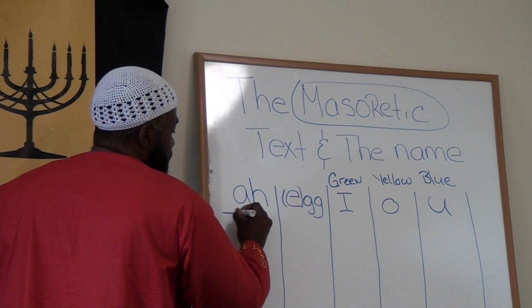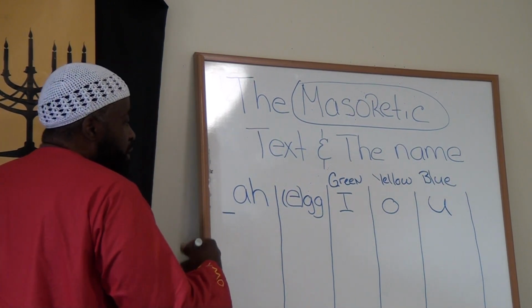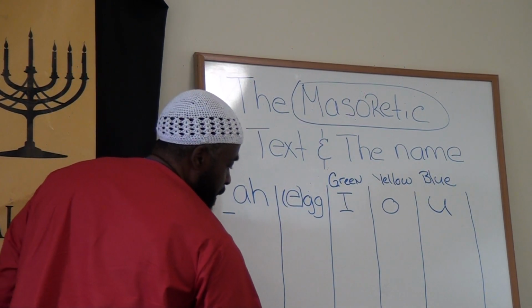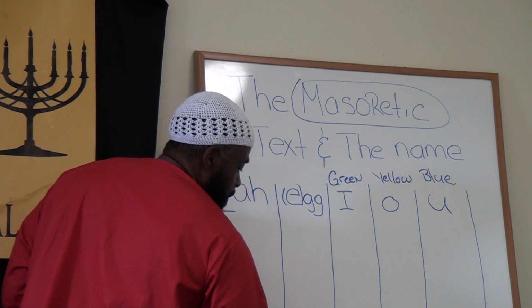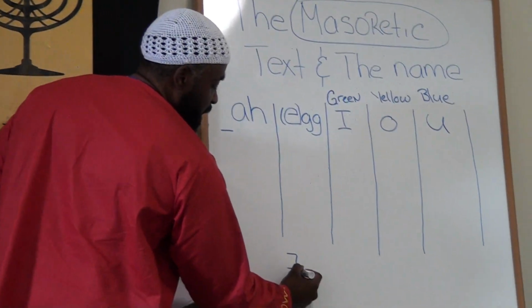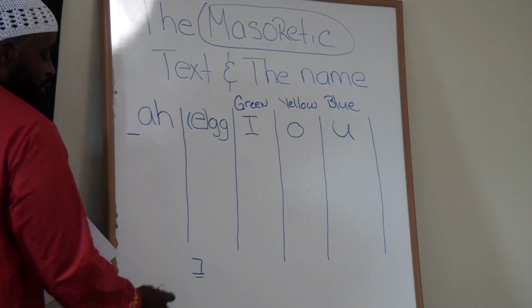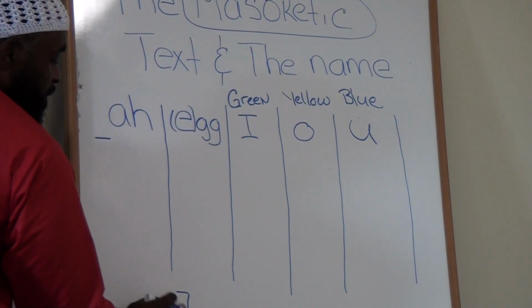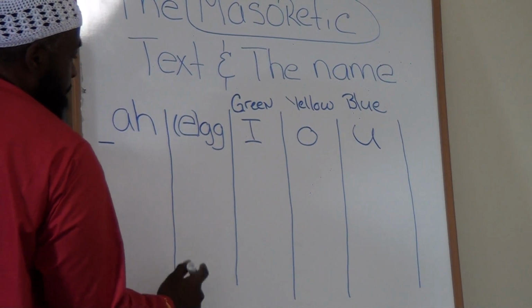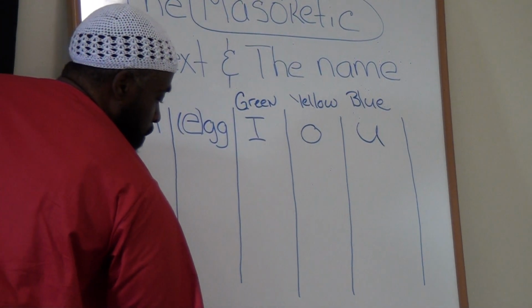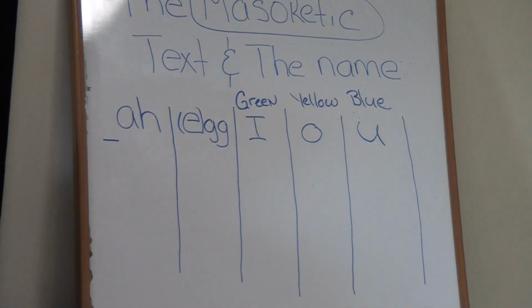So we have this symbol, you see this symbol underneath a letter. Let's say that letter there. If you had a vowel point under that, this would now make a, for example, what letter is that? Anybody?